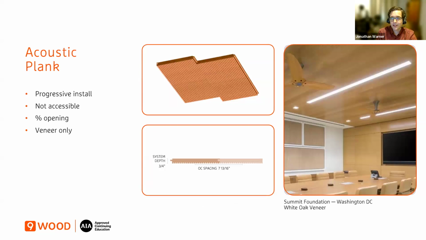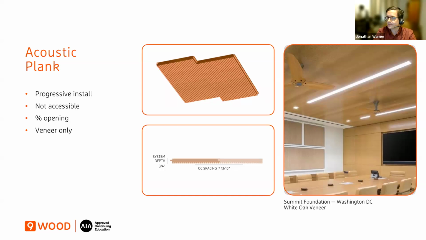Acoustic planks have a very unique, real wood look with the linear grooves. It's a progressive install, which means that, just like if you installed flooring in your home, you start from the perimeter and go out, which means generally it's not accessible. So if full access or spot access is a concern, this is probably not a good style or aesthetic to specify or design. You're going to want to look at other options.